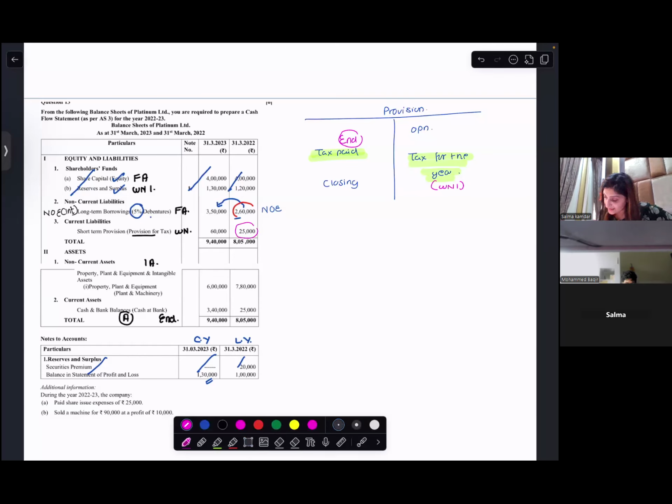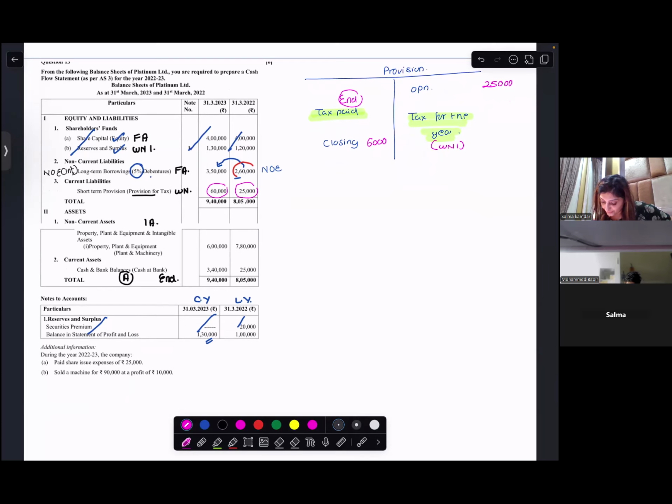Do you have information of taxation for the year? No. So there is no information about tax paid and no information about taxation for the year.